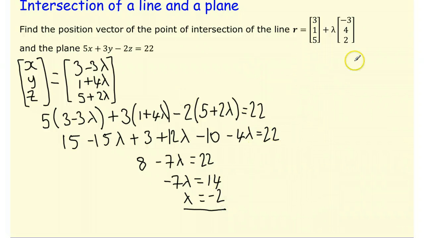There we go. Right, so we now know what value our parameter needs to take in order to make this true, so I could substitute that into here to work out what my position vector is going to be.